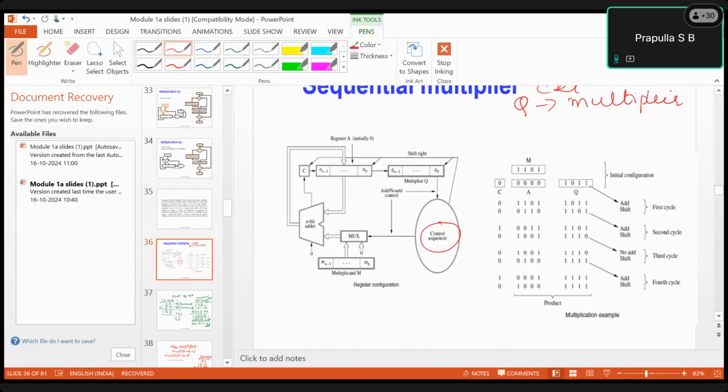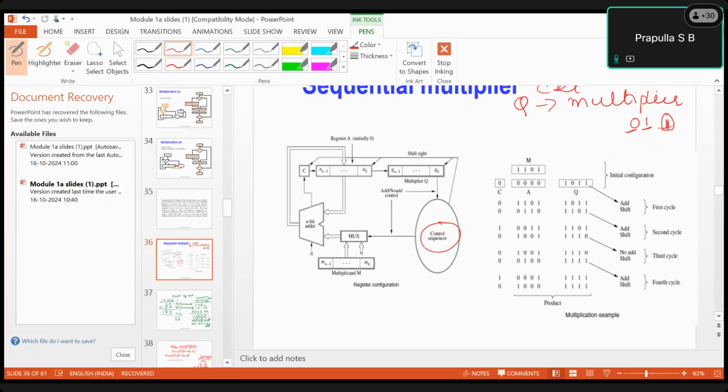Recall from the previous example, whenever I was multiplying, I first went with the first bit of your multiplier, then the next bit, then the next bit. So every time, whichever bit I have to multiply should come to Q0. So every time the Q0 bit is checked.